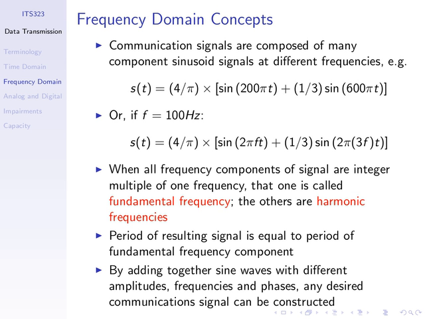Varying these three parameters changes the shape of our sine wave. Combining different sinusoids together, we've seen an example here where we add two together, gives us a different shape communication signal. And in theory, we can design any type of communication signal using a combination of sinusoids.